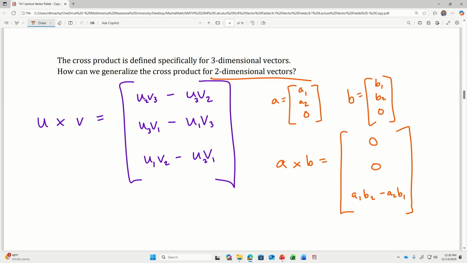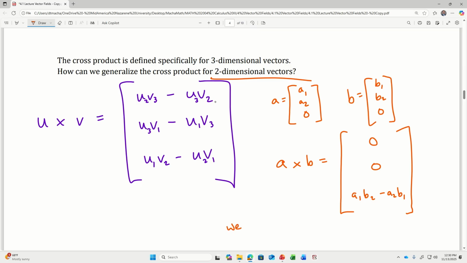But the third components are zeros. And it's only the third entry of the cross product where we don't have any third component. And so whenever I write the cross product of 2-dimensional vectors, it's really just a scalar.